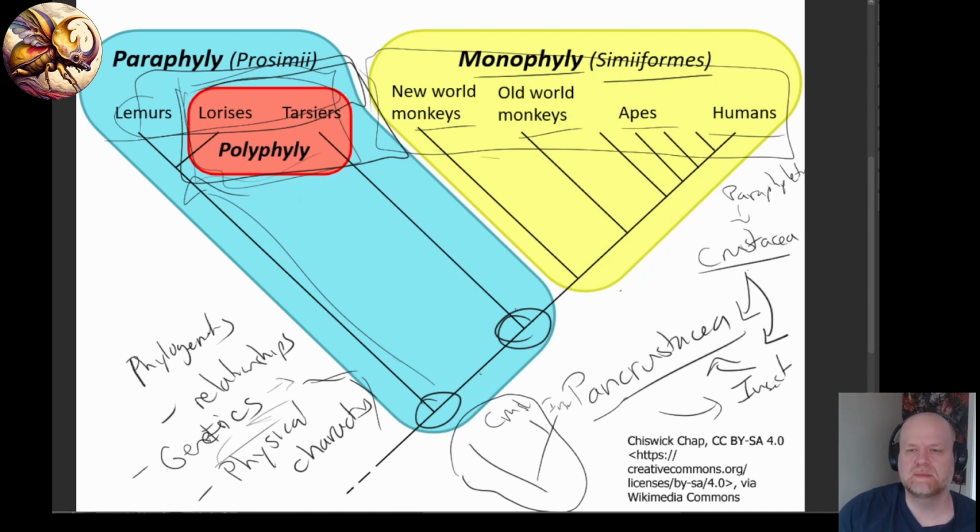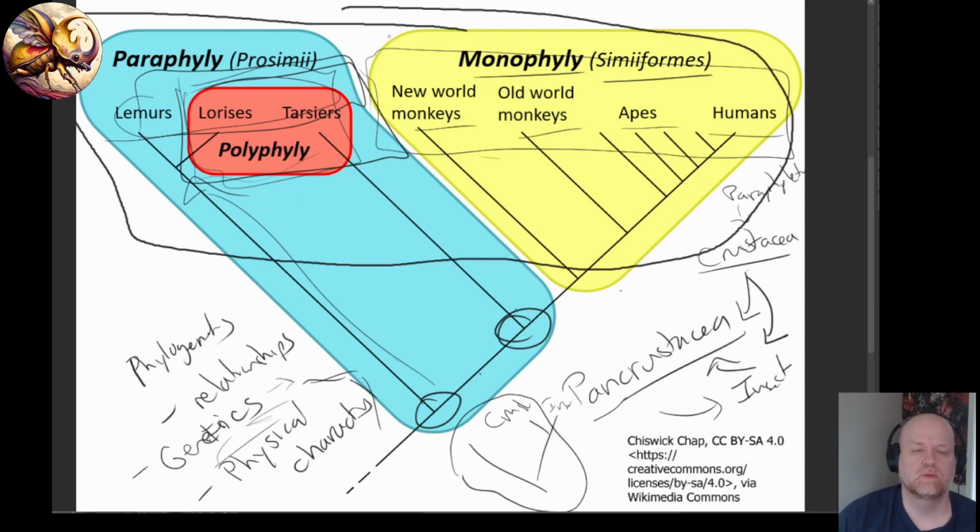So it becomes very confusing. We will talk about this a little bit next time with monophyly and paraphyly. But just know that these words exist. Next time I bring them up, I will remind you about what these things mean, but they are important concepts in phylogenetics.